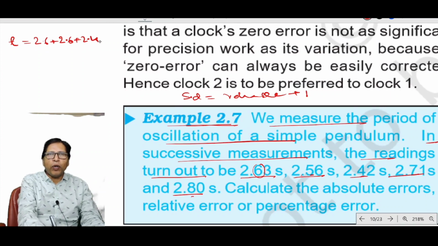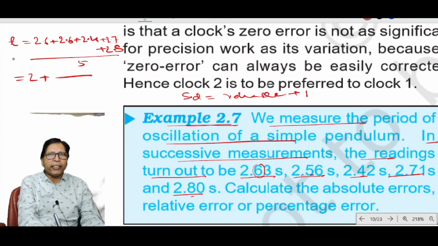This is 2.7. This is 2.8. Divided by 5. Okay, now look at this, here 2 plus 0.6 plus 0.6 is 1.2. 1.2 plus 0.4 is 1.6.